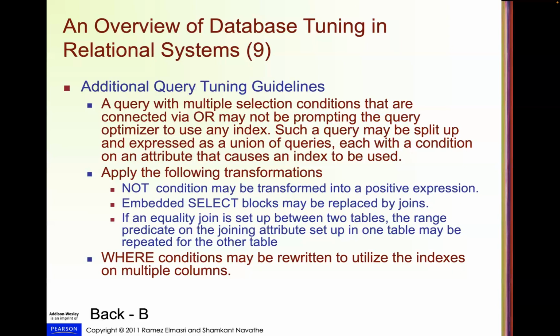We don't want a select inside a select; rather, we prefer to join the two tables. If an equality join is set up between two tables, the range predicate on the joining attribute set up in one table may be repeated for the other table too. So if we have an equality join connecting two tables, the predicate on the joining attribute that helps us in one table may also be repeated for the other table.